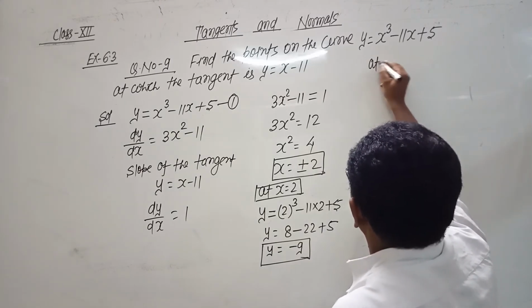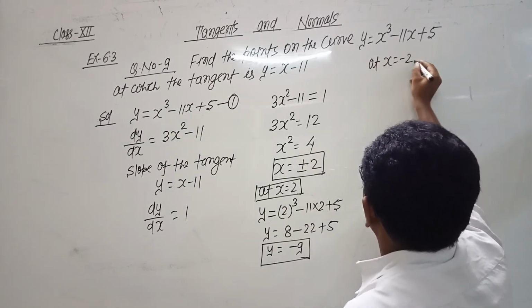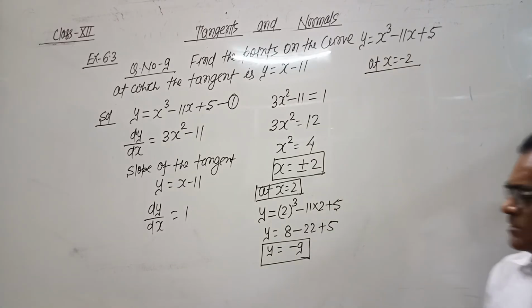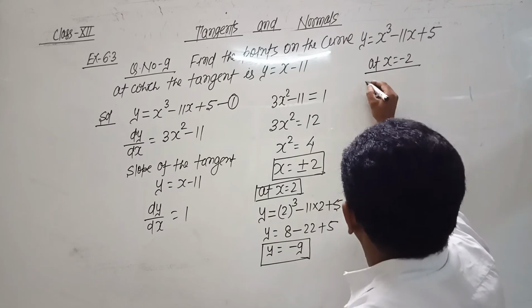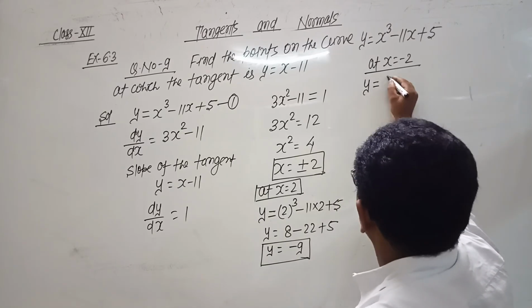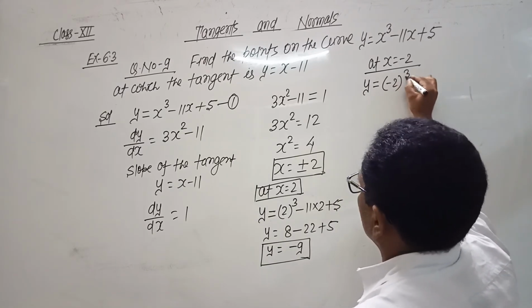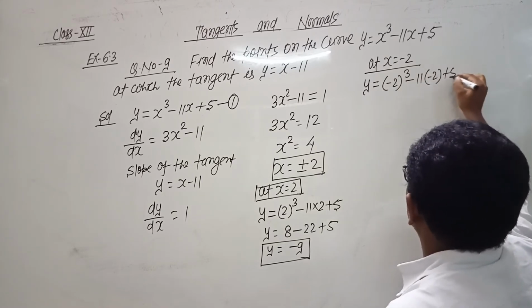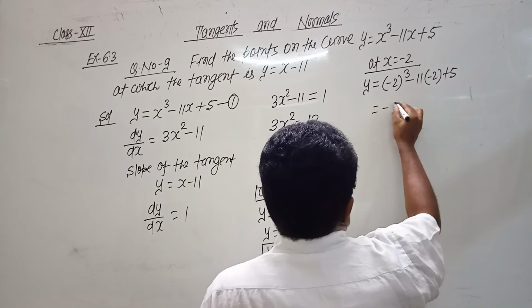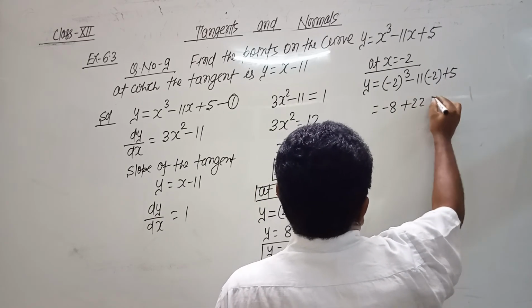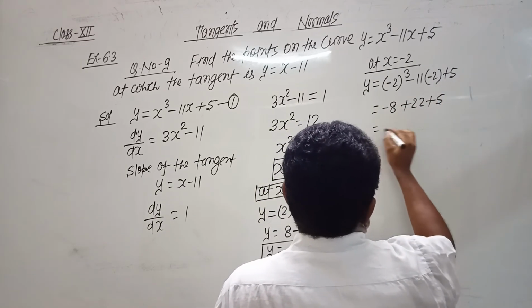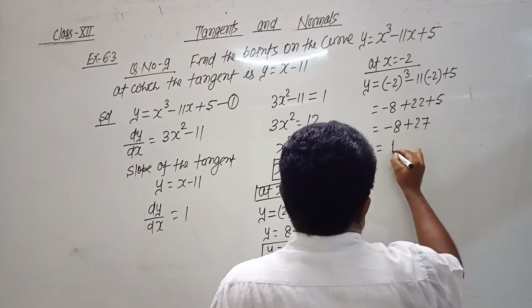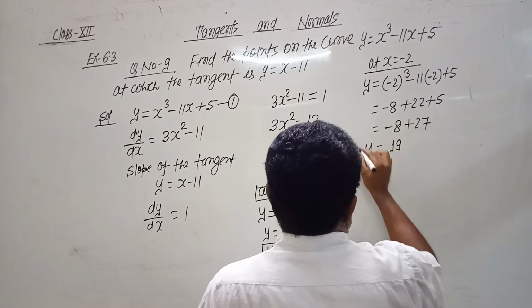Now at x equals minus 2, y equals minus 2 the whole cube minus 11 into minus 2 plus 5. So minus 8 plus 22 plus 5, which is 19. y equals 19.